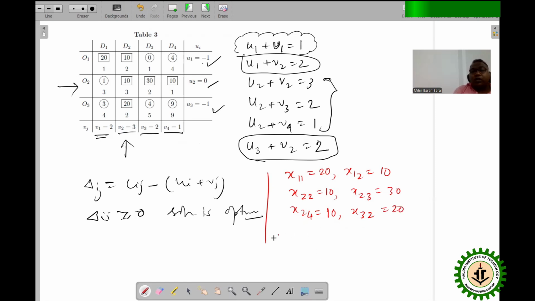Once again, if you calculate the transportation cost, you will see this is also 1/8. So both solutions give you the minimum transportation cost, which is nothing but our 1/8.